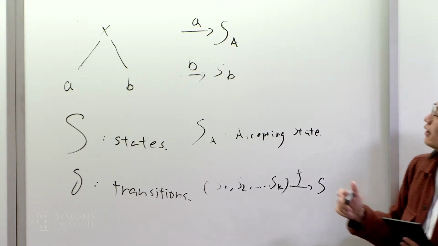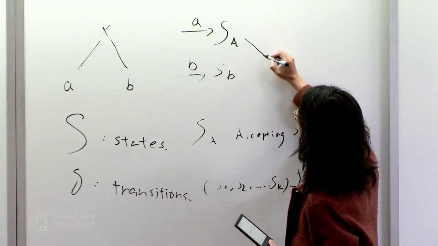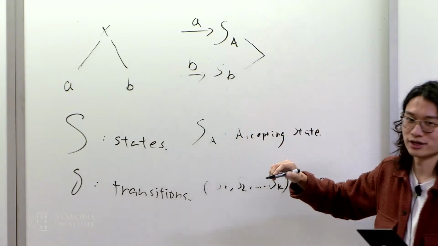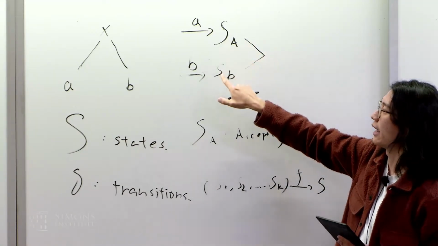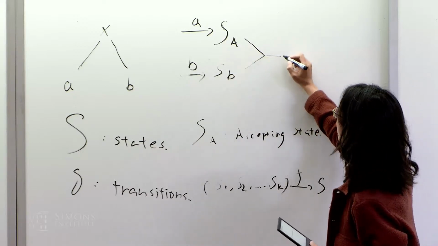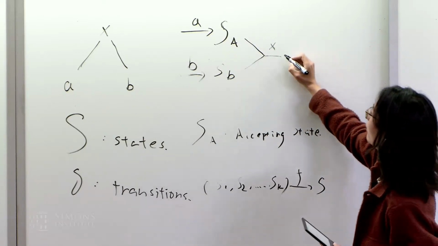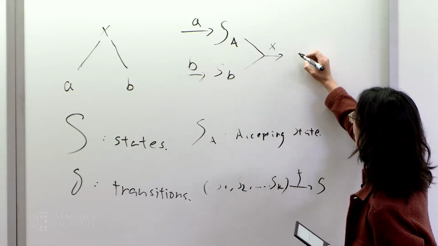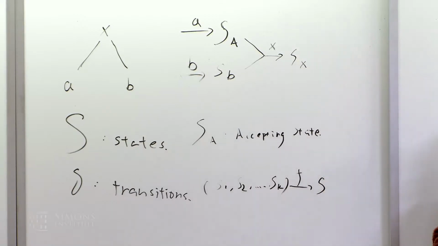Yeah, so it's going to be a transition that is a hyper edge, because it's a transition from two states simultaneously. So we need to be in both SA and SB, and then we transition through multiply to the accepting state.